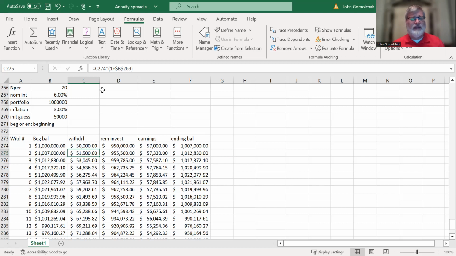The formula is C274, which is this here, times (1 plus the interest factor), and I have the dollar signs in there to make sure that that doesn't move. That's a locked in cell. Then that'll give me the increase to 51,500, and then each of these payments is 3% higher than the one that just precedes it.